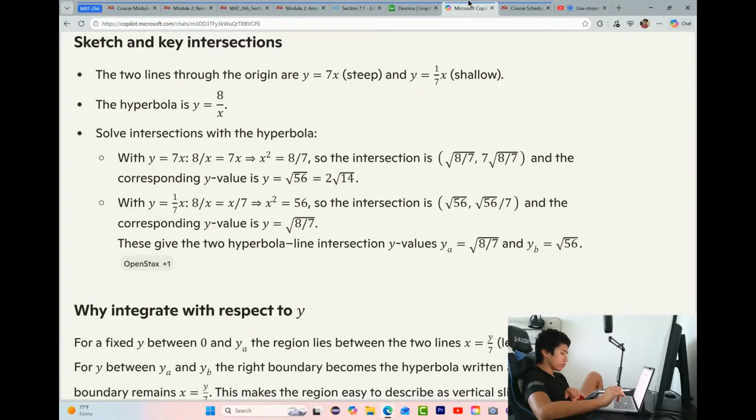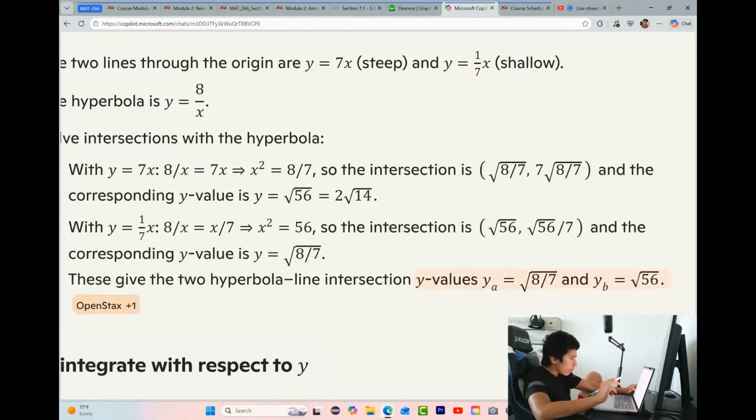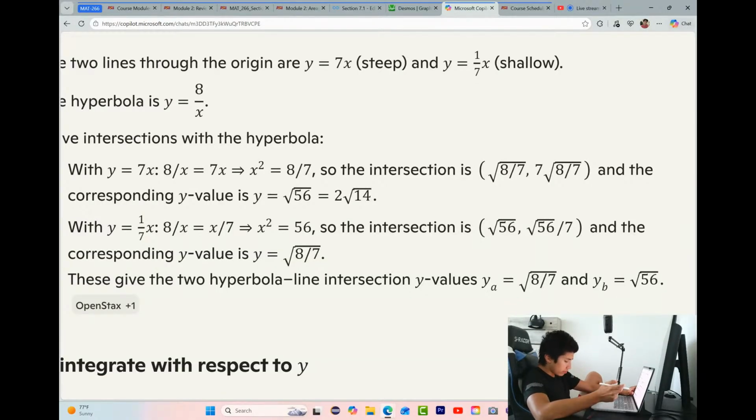So we have y equals 8 over x, right? Sorry, we have y equals 7x. With y equals 7x, 8 over x equals 7x, right? The blue one equals the red one.